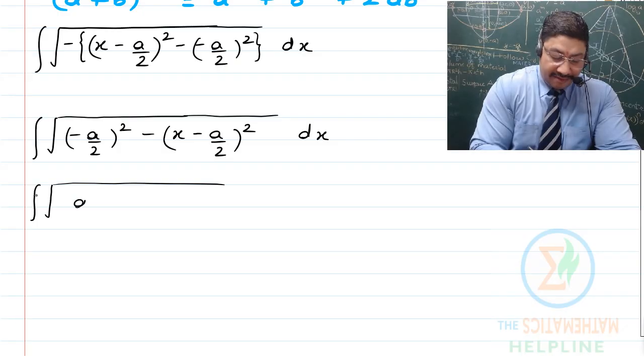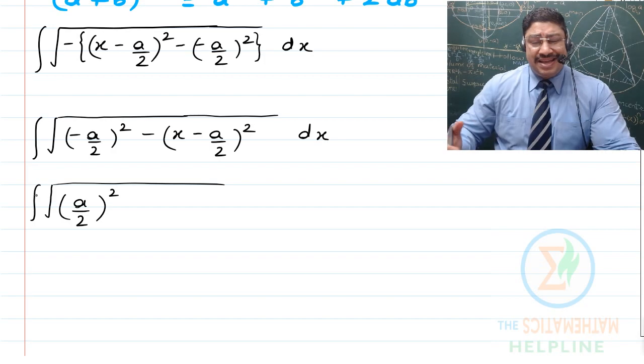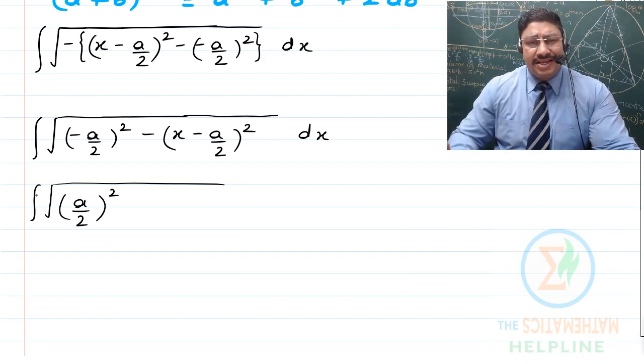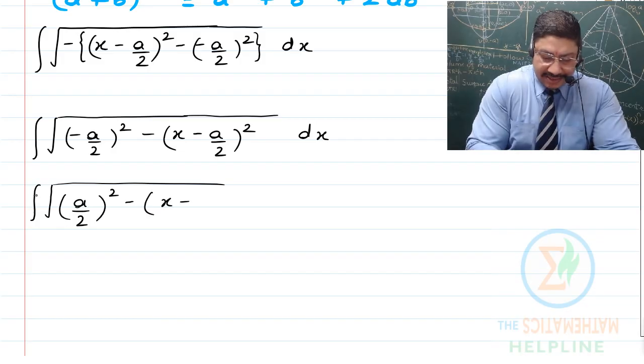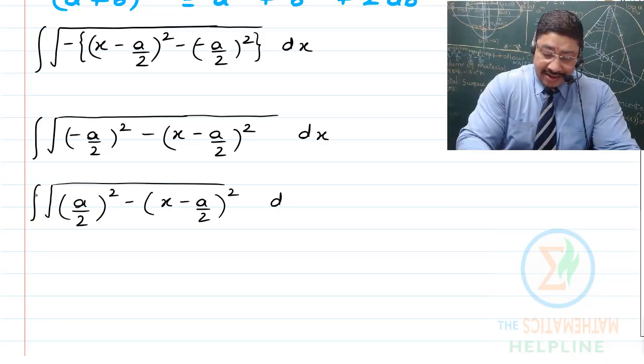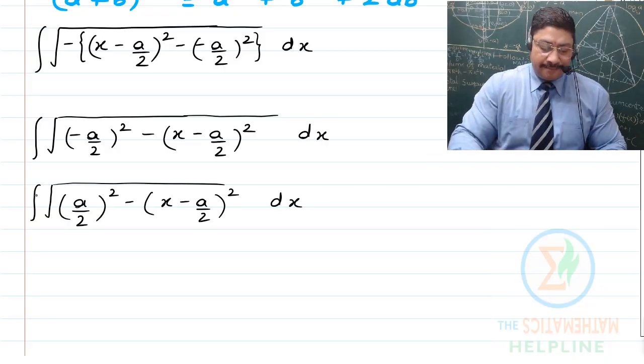Here we will have a upon 2 whole square in place of minus a upon 2, because minus into minus is eventually going to become plus. So why unnecessarily carry that minus sign? Now the second term is minus times of x minus a upon 2, whole square of this, and then we have a dx.